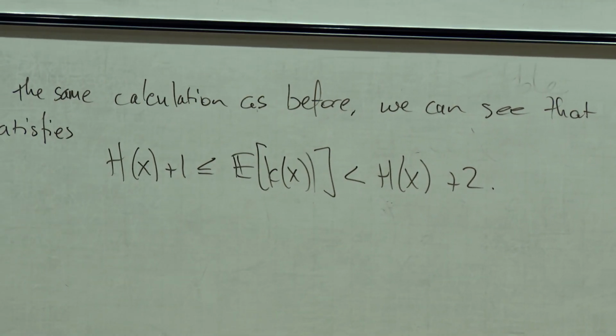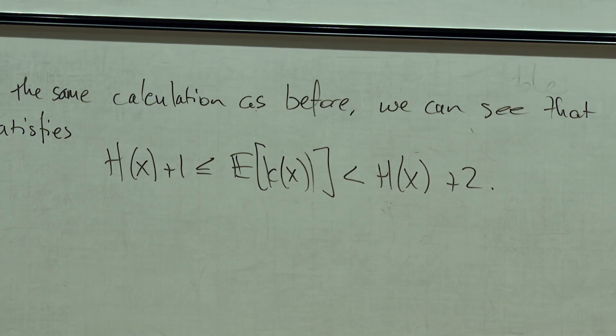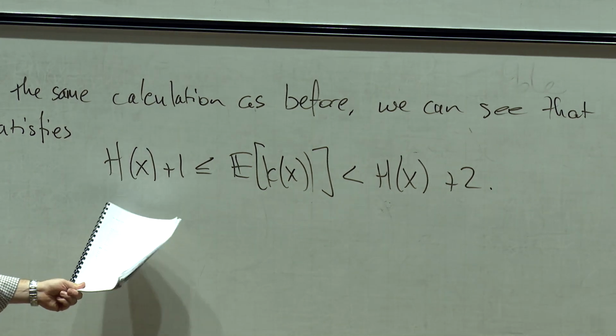And you go, that seems like a bad trade because I've got something which is actually worse than the optimal bound.